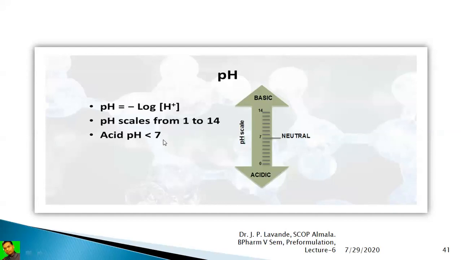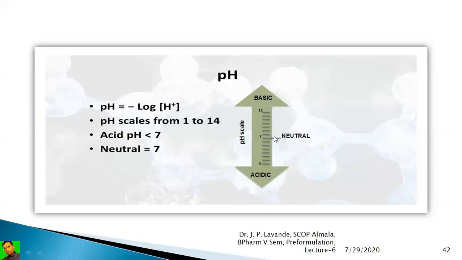When the pH is less than 7, in the range of 0 to 7, it is said to be acidic. Near 1, we can say that it is strongly acidic. Contrary to that, if it is above 7 up to 14, the nature is basic, and 14 is the highly or strongly basic nature.